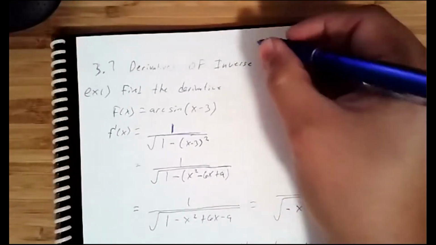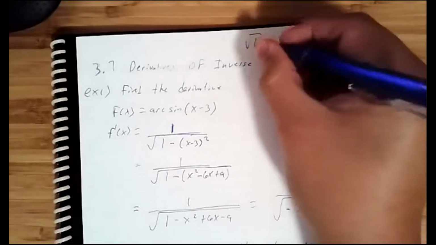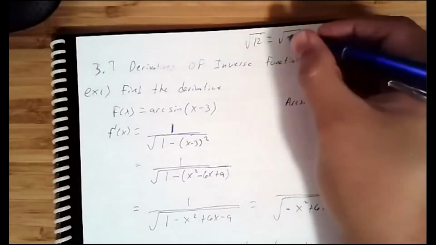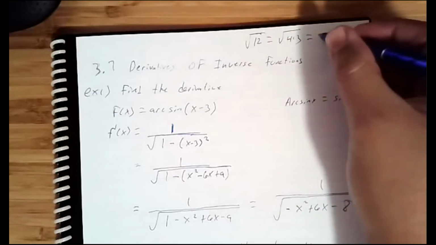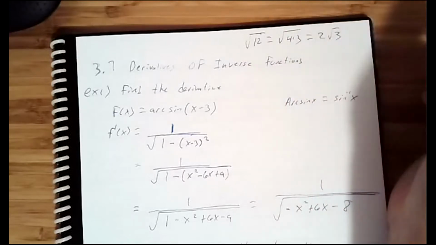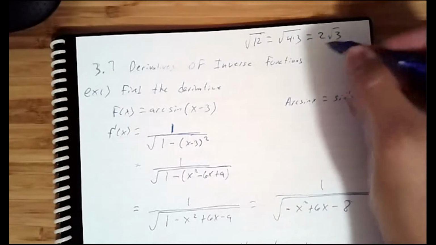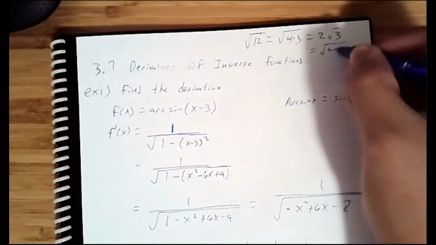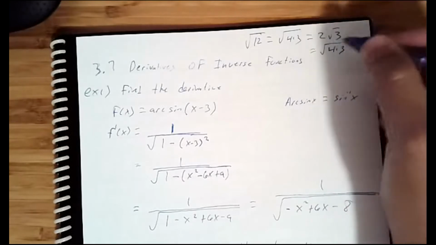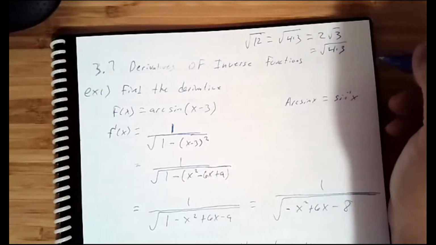You agree that the square root of 12 is equal to the square root of 4 times 3, which is 2√3, right? You remember doing that stuff? So if I bring the 4 back in, that would be 4 times 3, right? If I bring the 2 back in, does that make sense? Is that weird?